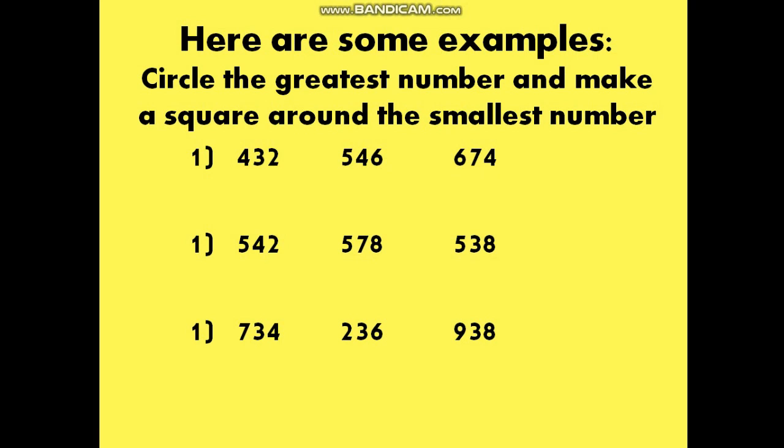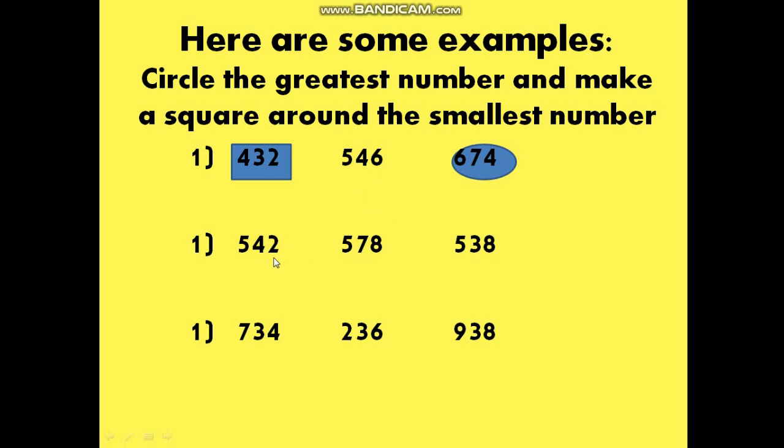You decide, and then I am going to tell you the answer. Which number is the greatest and which one is the smallest? 674 is the greatest number and 432 is the smallest number.